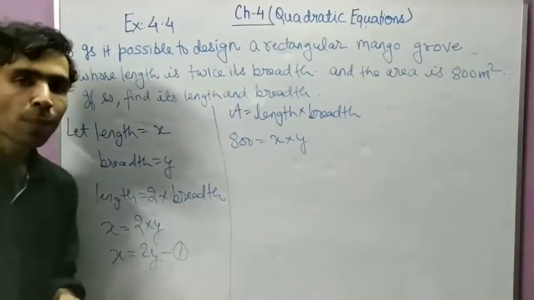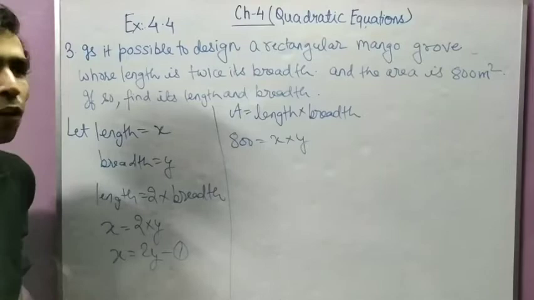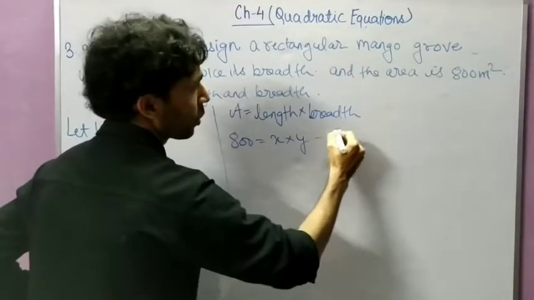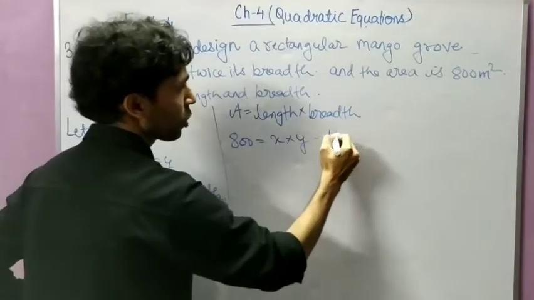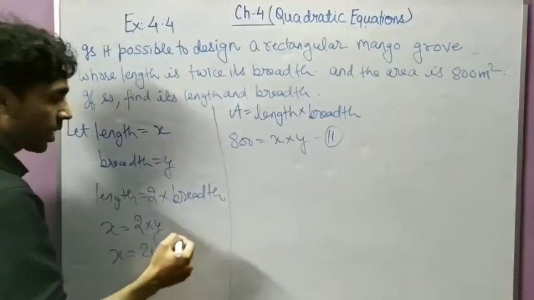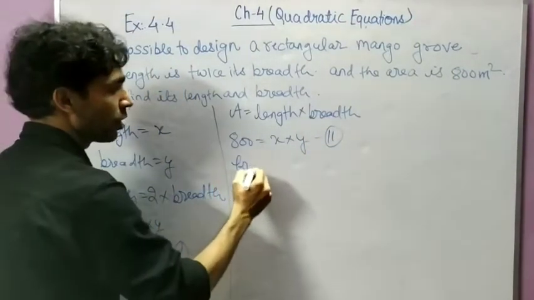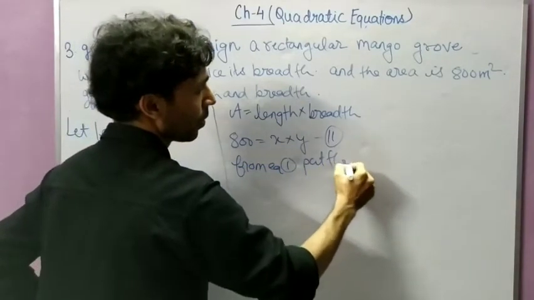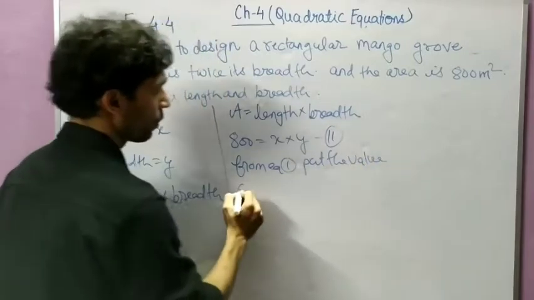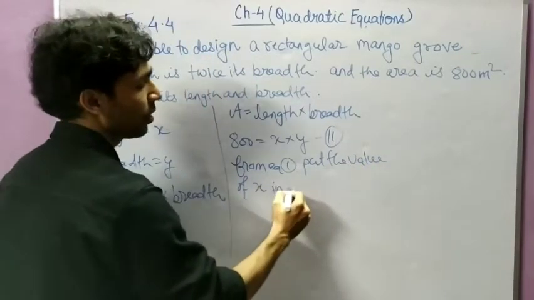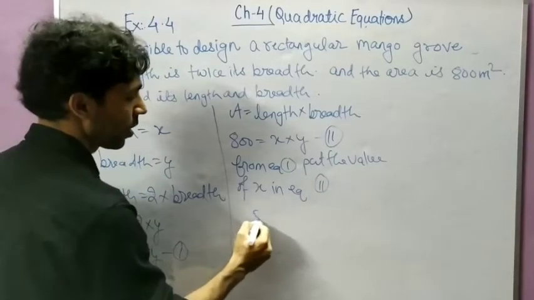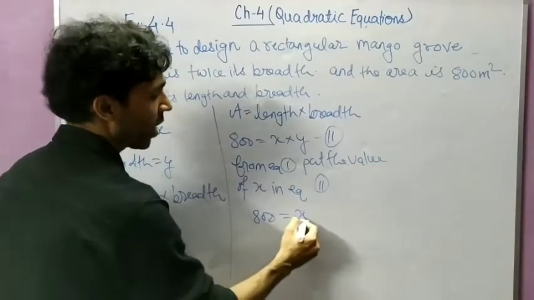Because we have to form a quadratic equation, can we form it? Yes, by putting the value of x from equation 1 into equation 2. So equation 2 is 800 is equal to x into y.